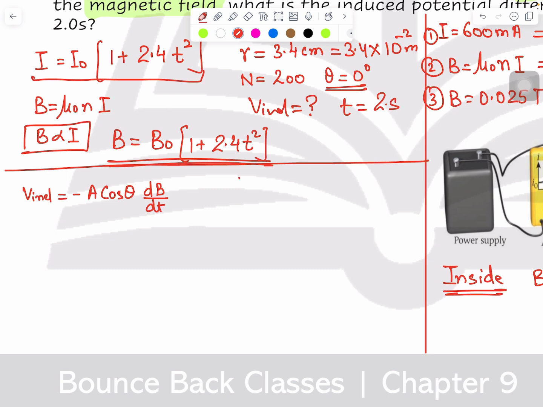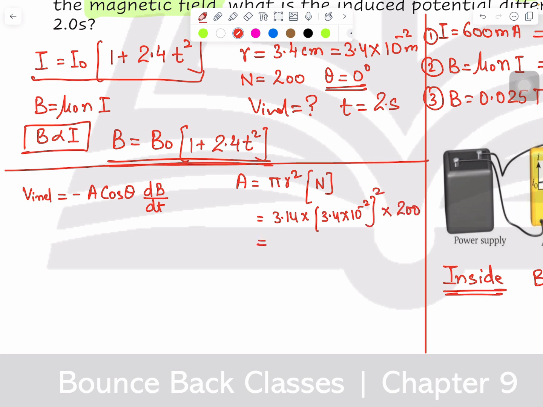Area is equal to pi r square, yes or no? And there are 200 windings, so can I say multiply with capital N? 3.14 times, what is the radius? Radius is given, so 3.4 times 10 raised to negative 2 square, multiply N is 200.